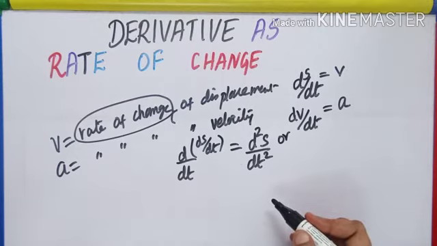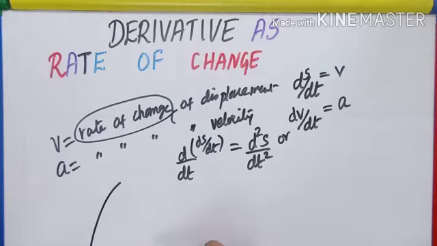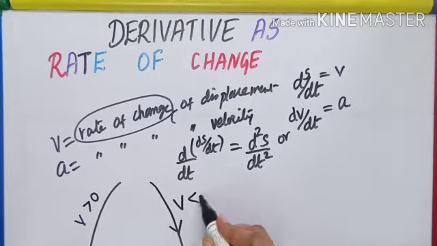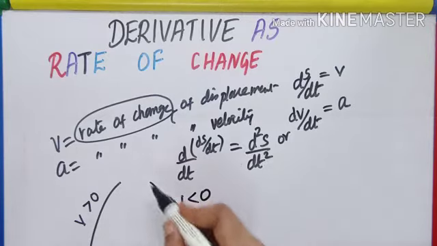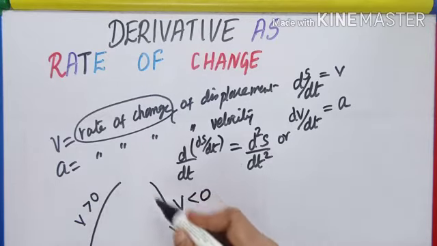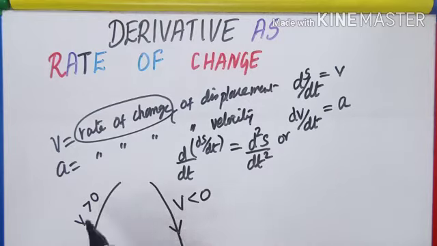The next idea: when a particle is moving upward, I will say velocity is positive. When a particle is moving downward, we will say velocity is negative. So upward to downward or forward to backward, it changes the symbol.